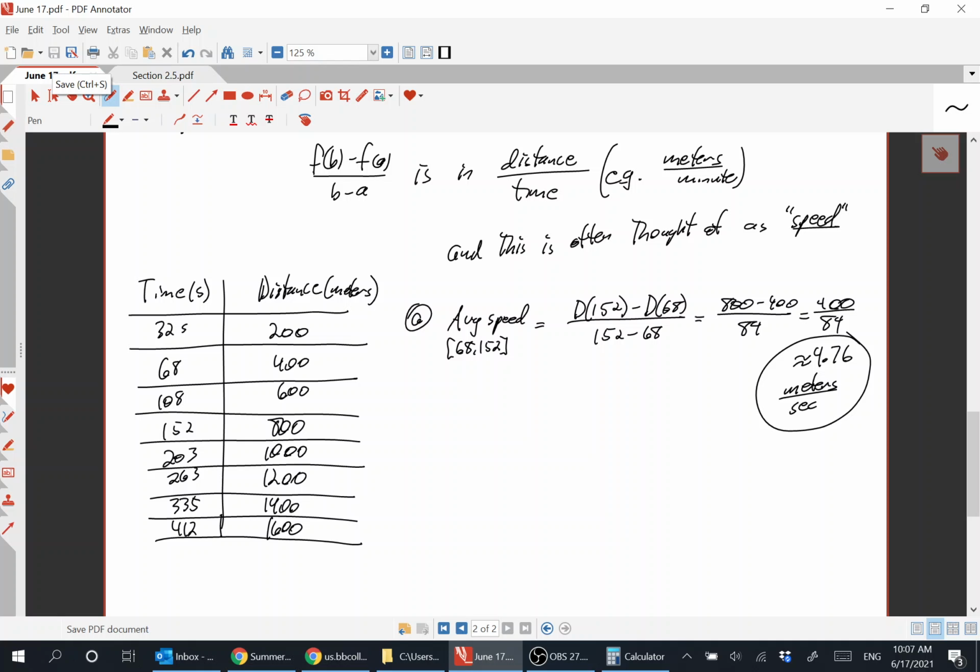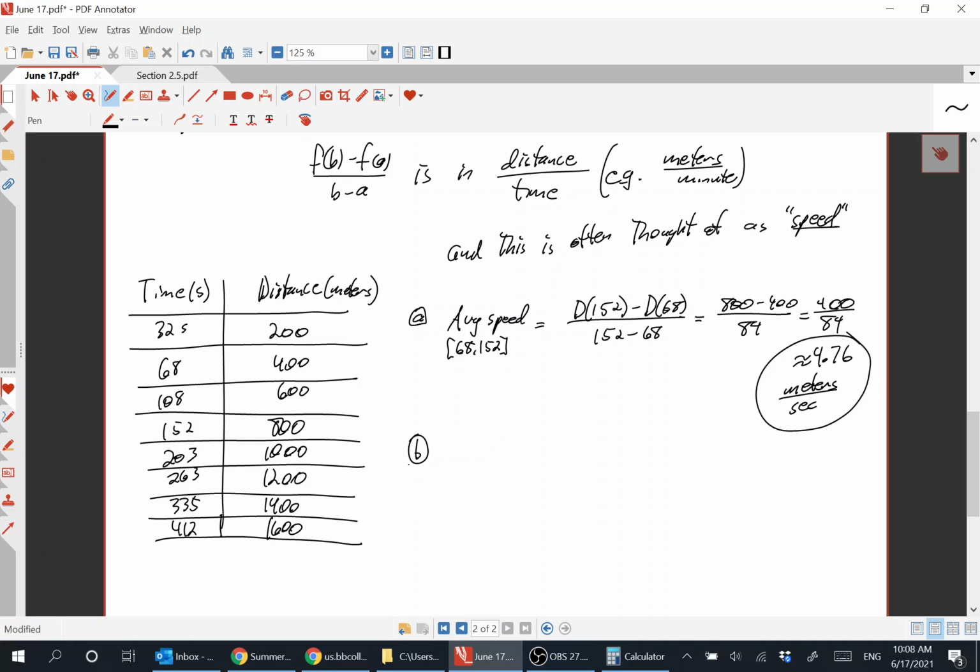That's his average speed. Now, at any one given moment, his speed could be more or less than that when you think of speed as an instantaneous measure. But to define instantaneous speed takes calculus, the notion of a derivative.